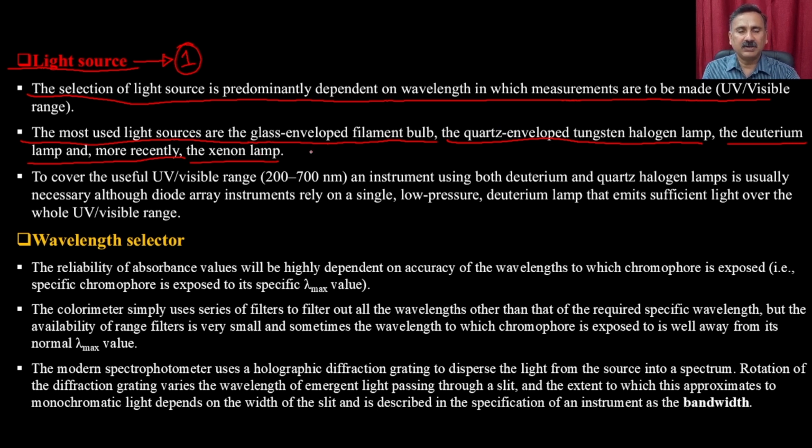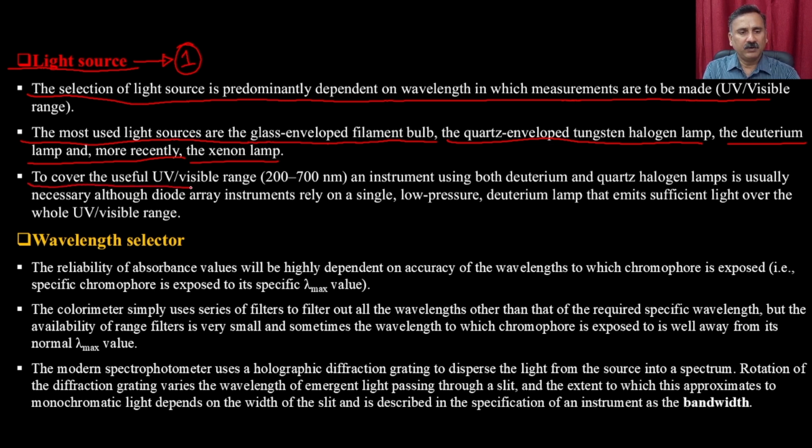And all of them are capable of providing light of different wavelengths, so that you can use them according to your choice. And sometimes what happens is that in some of these spectrophotometers, you may have 2 lamps rather than a single lamp, right? So you can have the lamp for the visible range, and the lamp for the UV range.